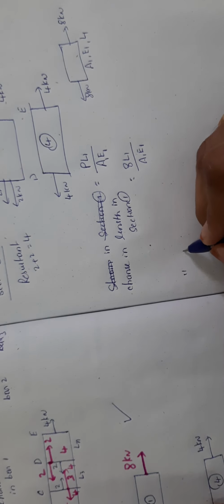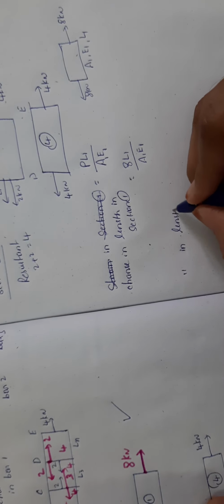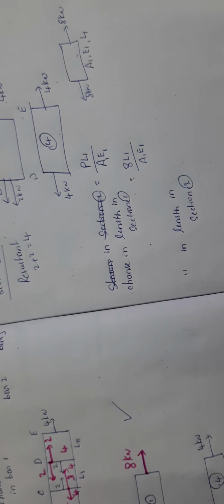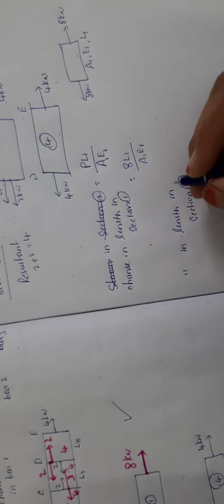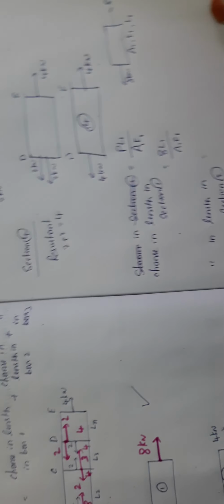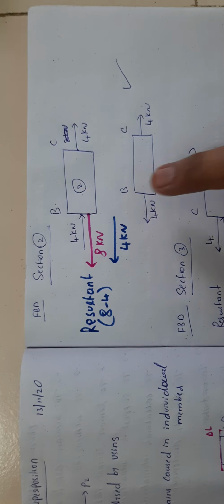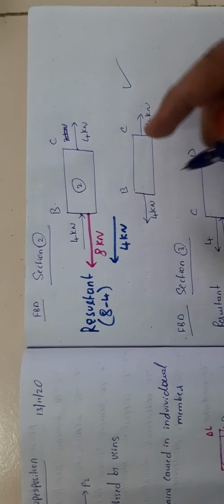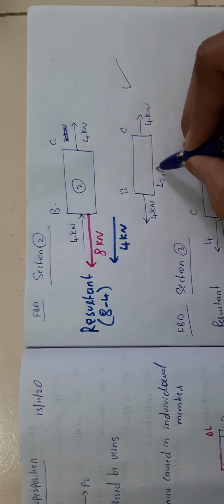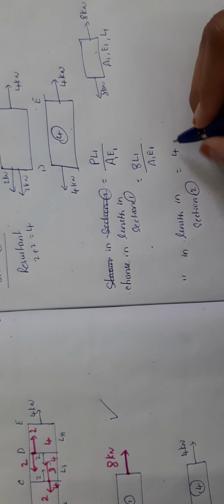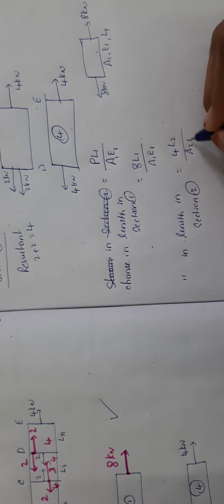Similarly, change in length in section 2. What is the free body diagram of section 2? Go back to section 2. Section 2 free body diagram is this one, 4 kilonewtons. Let us say the length L2 is given, area is A2 and Young's modulus is E2. So then it will become 4L2 by A2 E2.